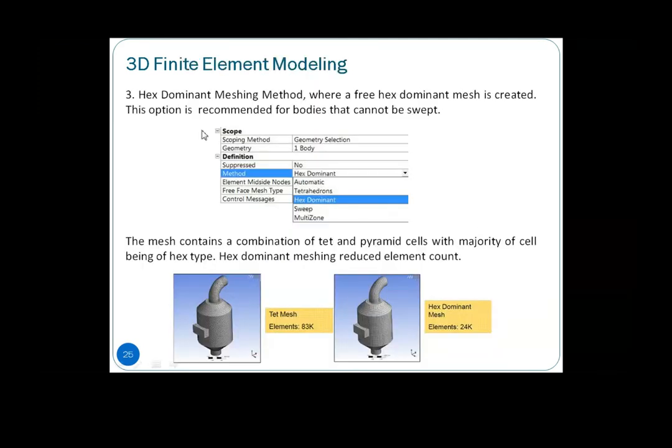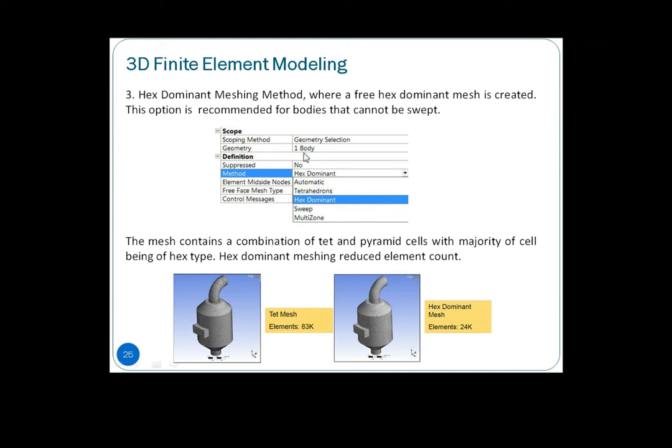Next is hex dominant. If you are using hex dominant, just like just now in automated, it uses the sweep method, and you are using hex also. So with hex dominant, basically you try to discretize using the hexahedron mesh.